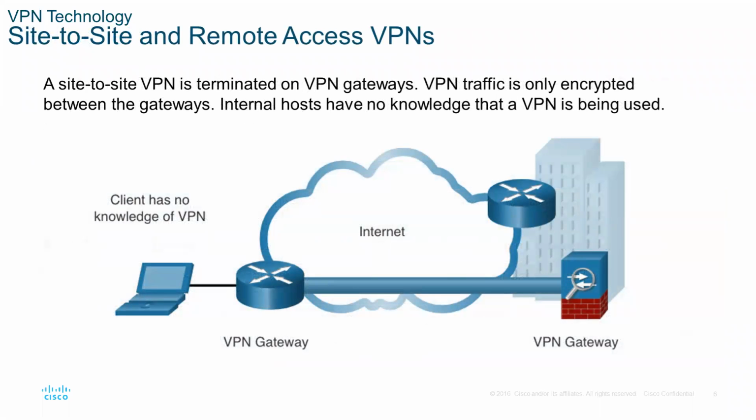Basically, the way site-to-site VPNs work is we create a VPN on our client gateway, and this gets terminated at our destination, generally on a dedicated VPN gateway. It doesn't have to be a dedicated gateway.